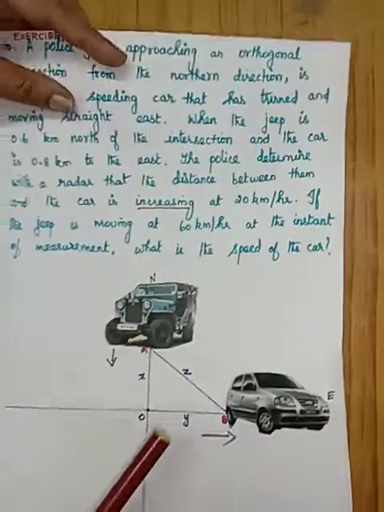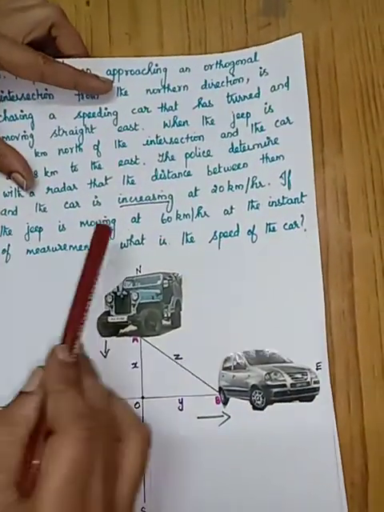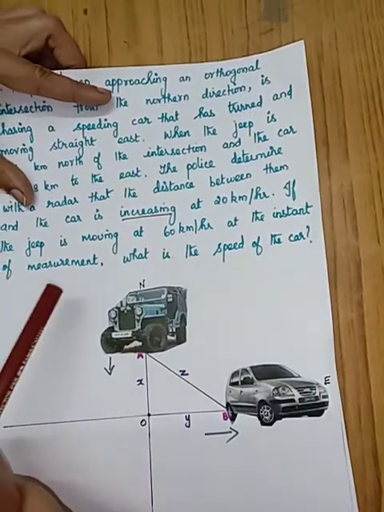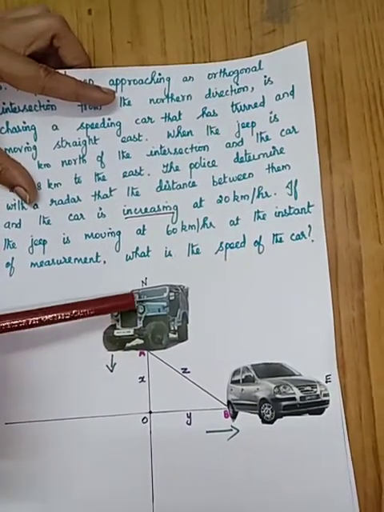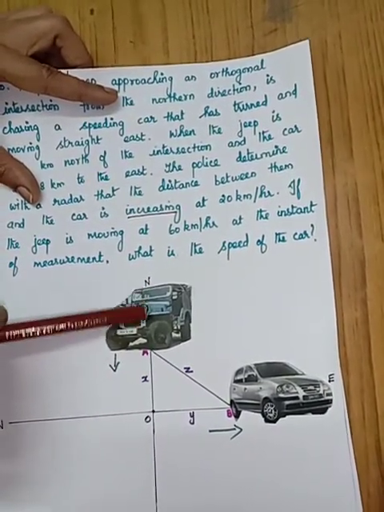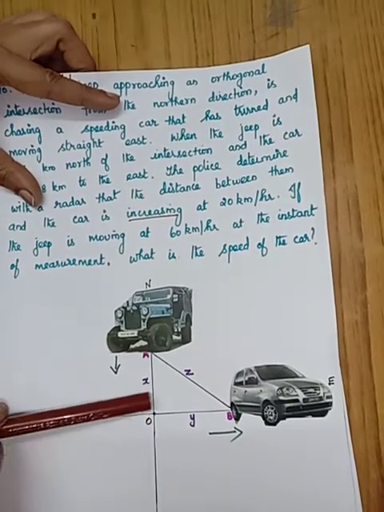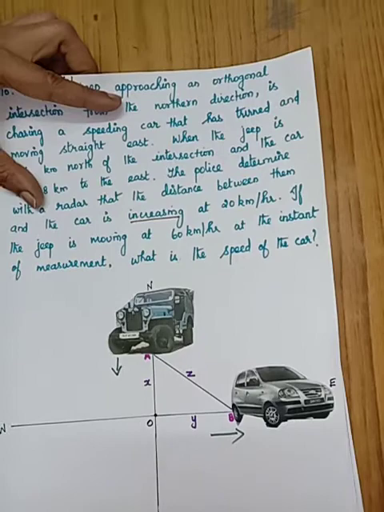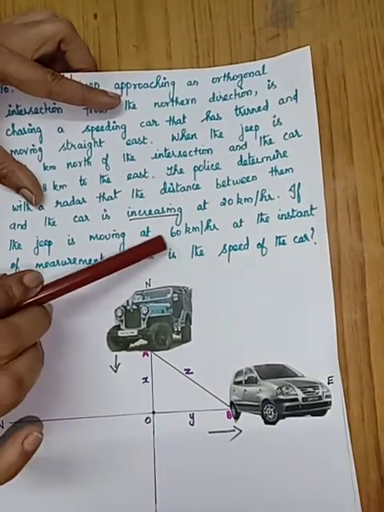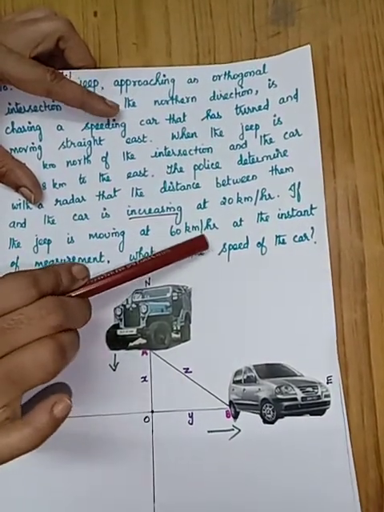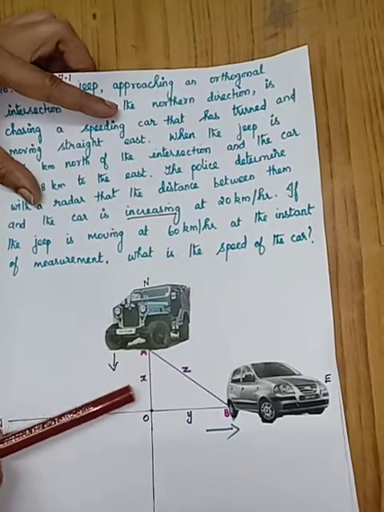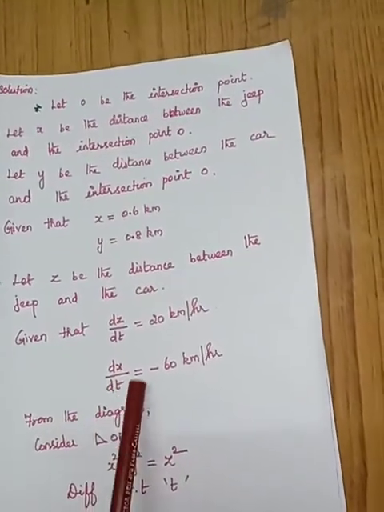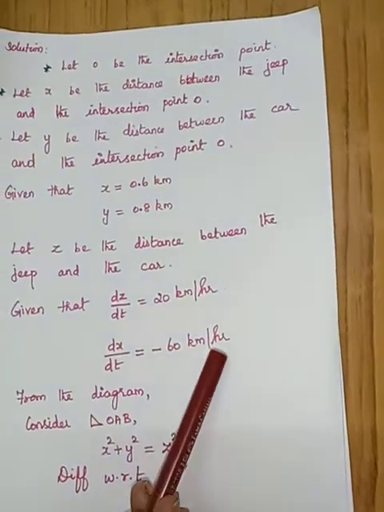You see that the jeep is moving at 60 km per hour at the instant of measurement. The jeep is moving from the north toward the intersection point, so the x distance is decreasing. Here it is given as 60 km per hour, so dx by dt is equal to minus 60 km per hour.